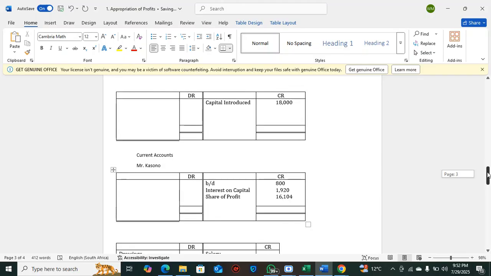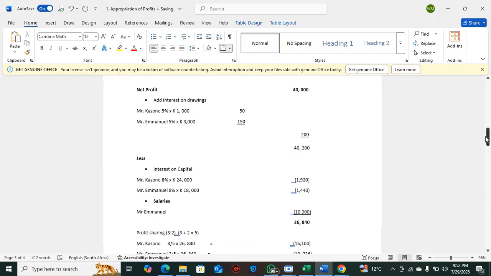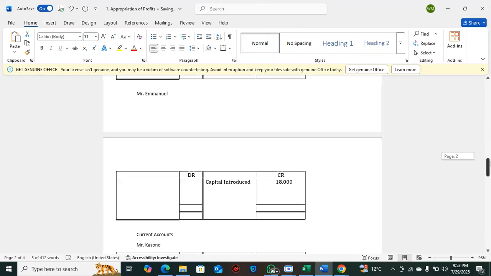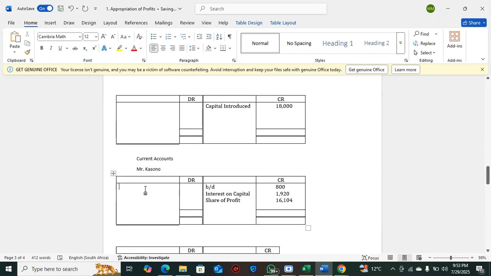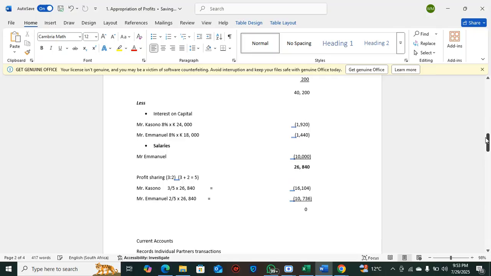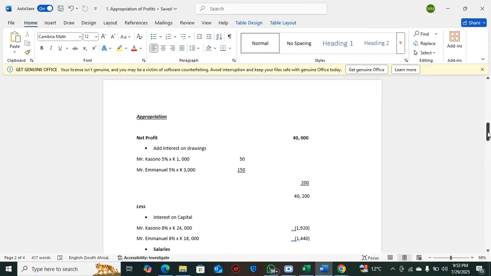Then on the debit side, drawings. Mr. Kasono drawings, 1,000. Then interest on drawings, 50 kwacha.